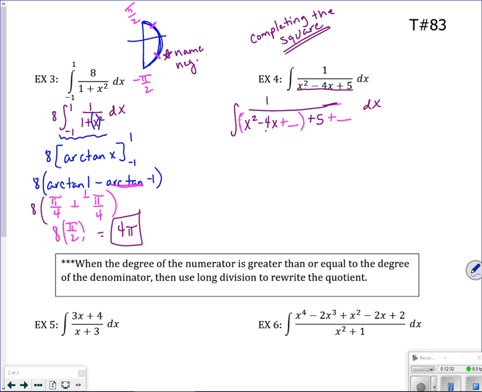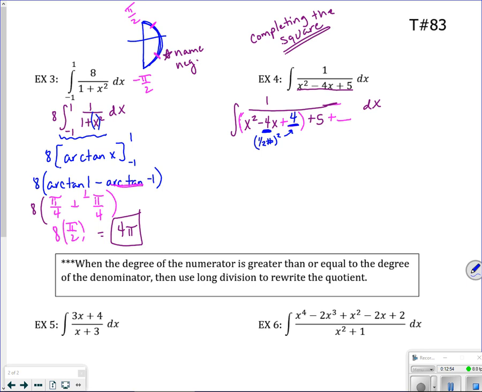I am going to pick a number in this blank to make this a perfect square trinomial. Now, what number is that specifically? You take half of this number, which is 2, and then you square it, and that's what goes there. So half of 4 is 2. 2 squared is 4.